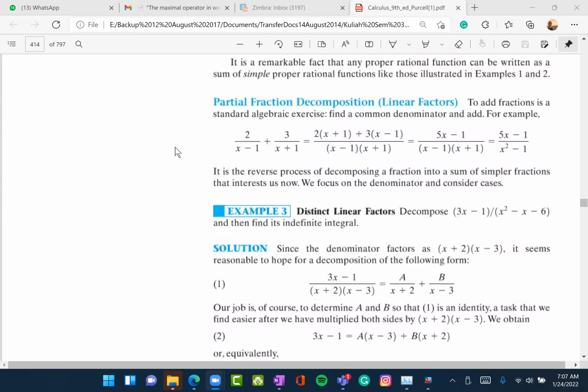All right, so this is partial fraction decompositions.